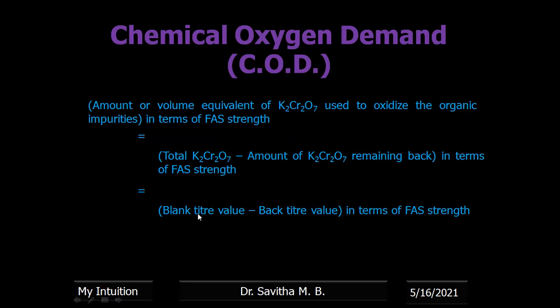Okay, therefore blank titer value minus back titer value, that is in terms of FAS strength, will give you how much potassium dichromate is consumed, or potassium dichromate is consumed means, in other words, it is the oxygen, because potassium dichromate is the source of oxygen.